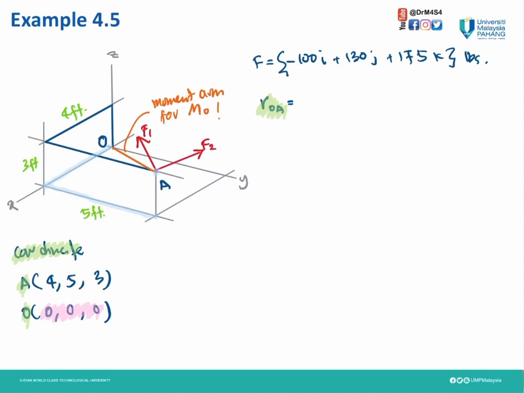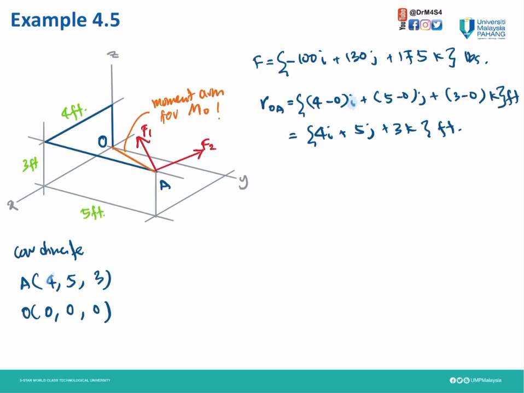Then going up on Z is 3 feet. So the coordinate is 4, 5, 3. So to find the position vector ROA, that means point A minus point O. Therefore, for I, 4 minus 0. For J, 5 minus 0. Then for K, 3 minus 0. Therefore, we get our position vector ROA.